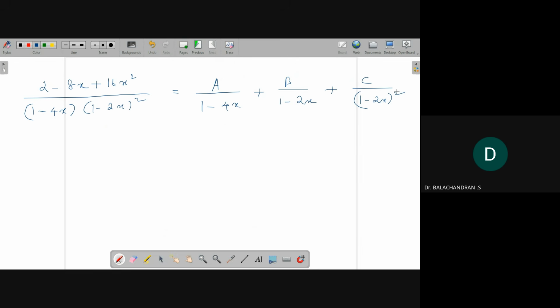Okay, now using partial fractions, you can get the values. I'll write the values directly. Okay, you can check it. A equal to 4, b equal to 0, and c equal to minus 2.